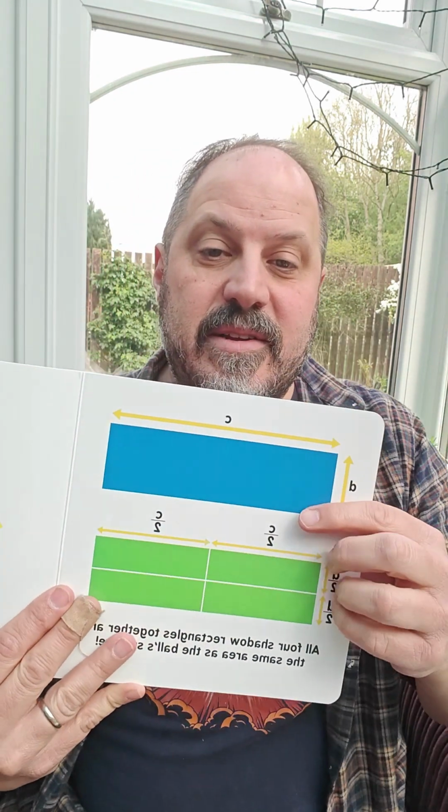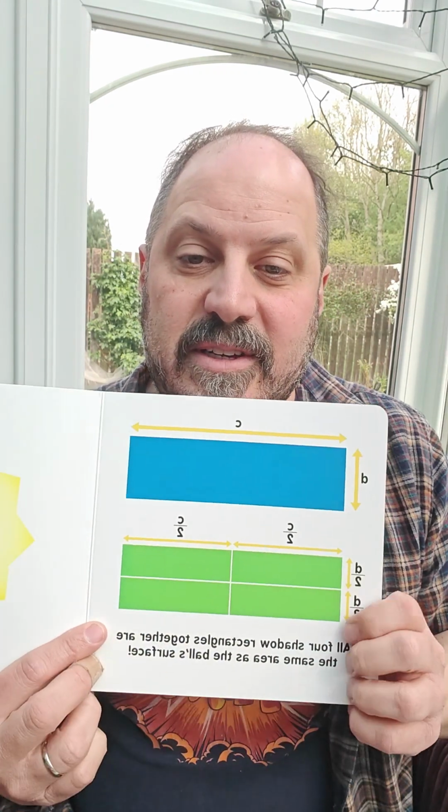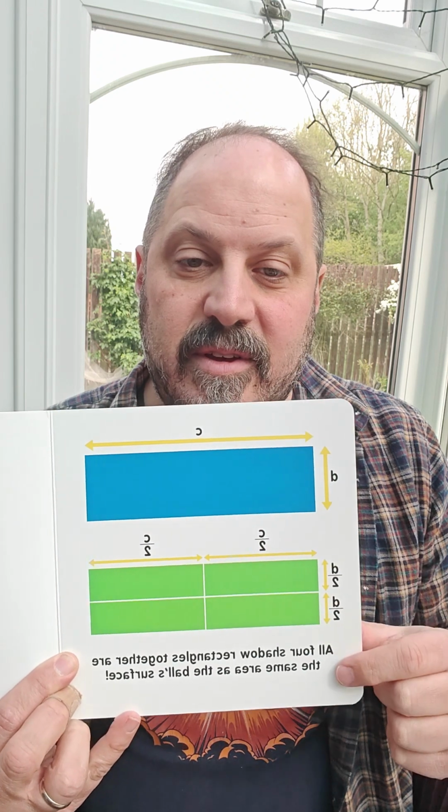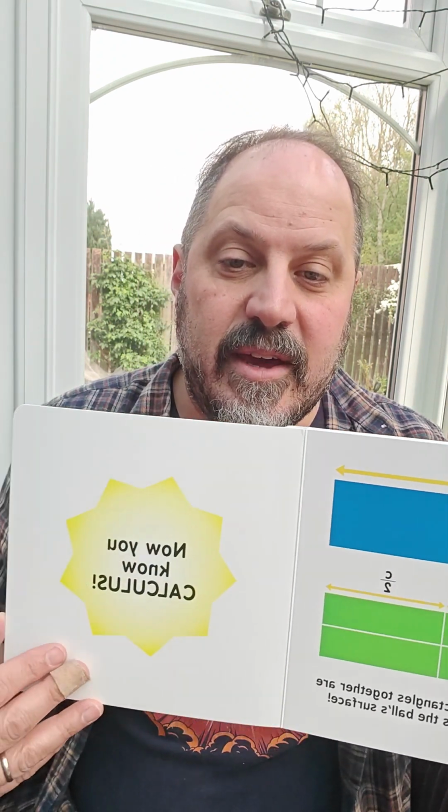But you need 4 times that, for four shadows to meet the actual piece of paper that would have wrapped around the physical three-dimensional ball. So there you go. See? Half, half, half, half, half, and you end up with the whole thing. Now you know calculus, or the fundamentals of integral calculus.